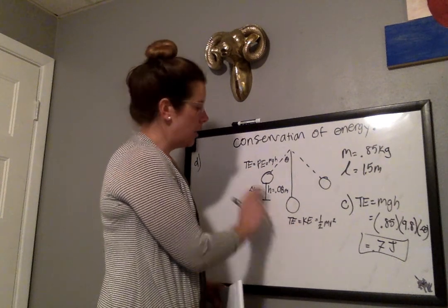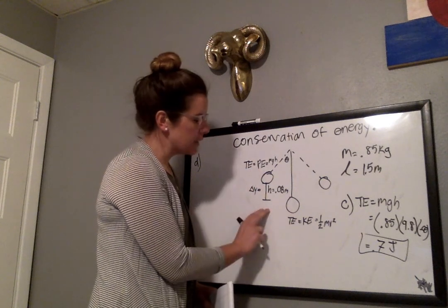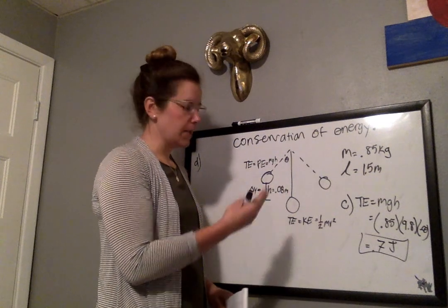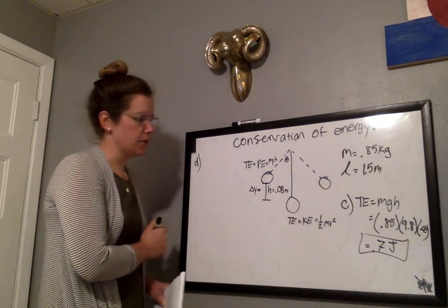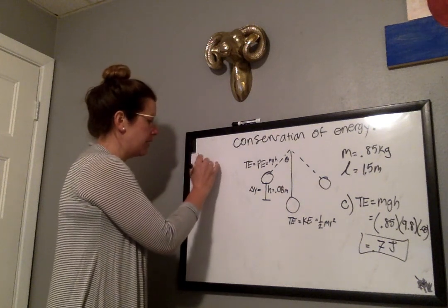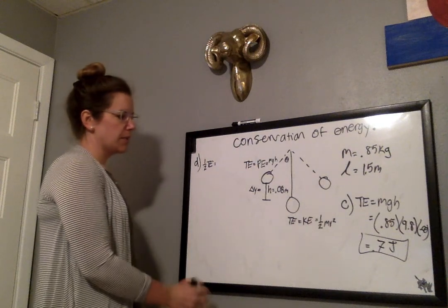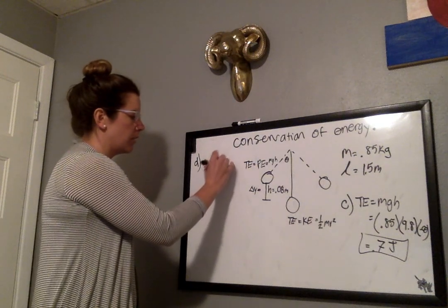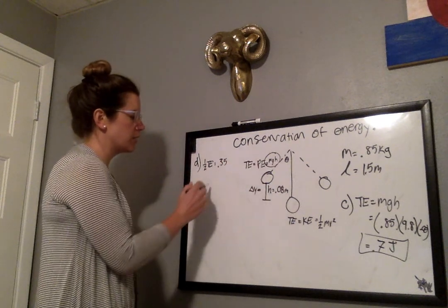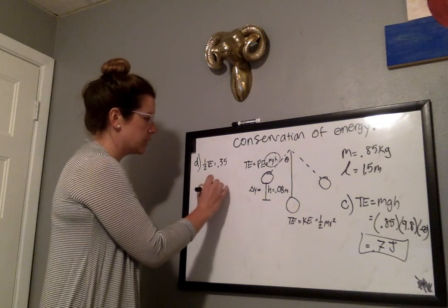So if it starts with 0.7 joules of potential energy here, when does it get to half of that amount, assuming that all of the rest of the energy has been converted to kinetic energy? So half of 0.7 is going to be 0.35. So what is the height when the potential energy is 0.35 joules, equal to mass.